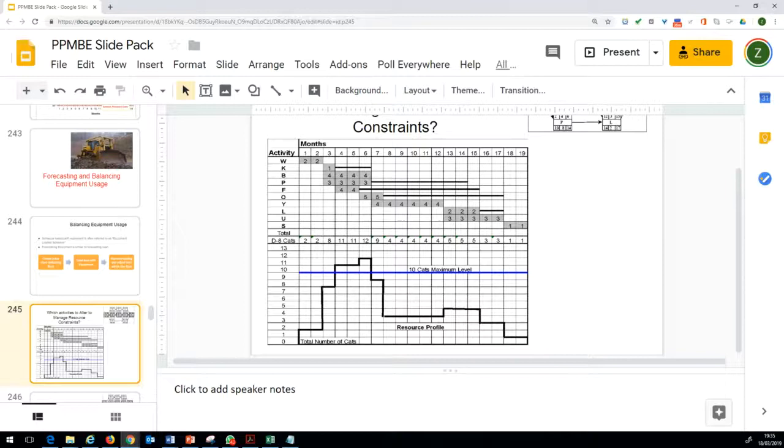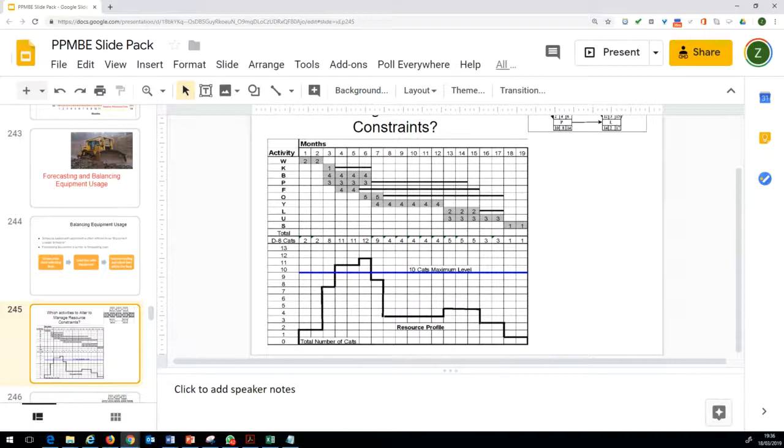The other issue is that you can see this resource histogram has quite a few peaks and troughs. We do not like waste, so you may have a site where in the third month you have 7 caterpillars, and then in month 11 we would like to have a more leveled resource profile, so our machinery is not sitting around.